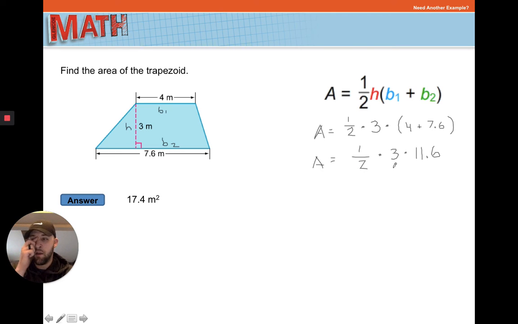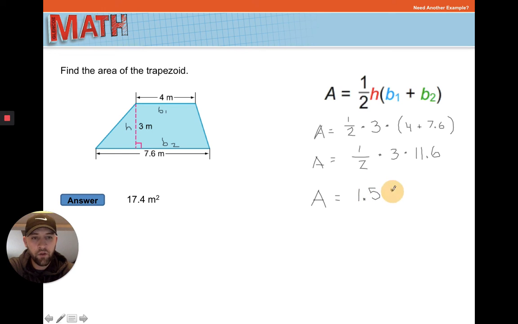Now, at this point, you could go ahead and plug this in your calculator. Or you could take it one step further, which I always like to do, and do 1/2 times 3, or ask yourself, what is 1/2 of 3? You get 1 and 5/10, or 1.5.